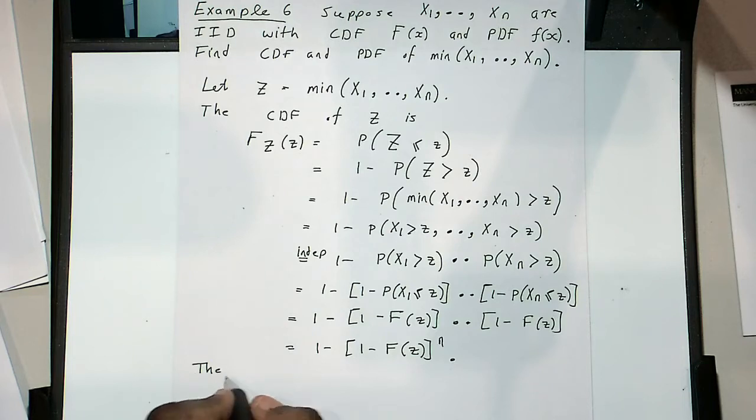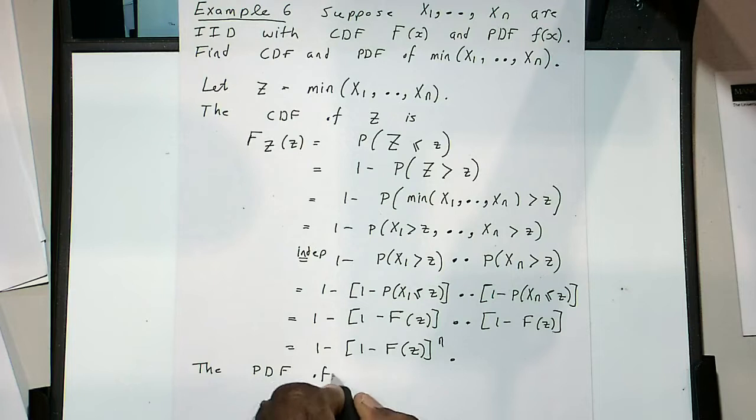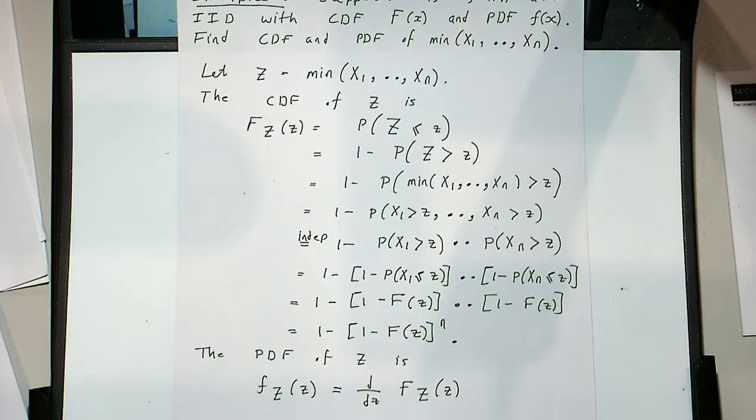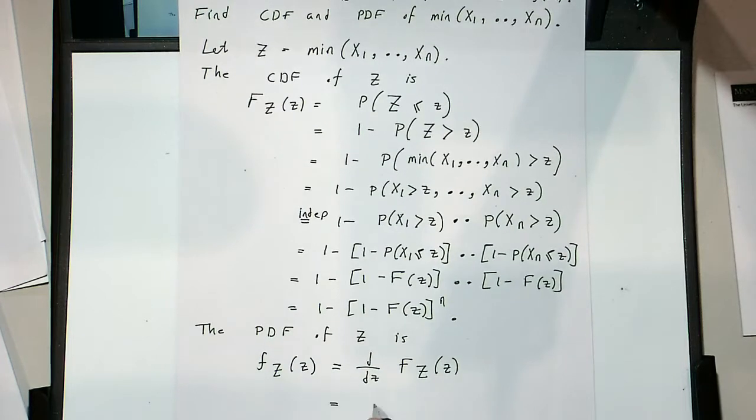Two minutes left. The PDF of Z is simply the derivative of this with respect to Z, so you should do that. I'm sure you guys know calculus better than I do. If you take the derivative with respect to Z, you will get the following.